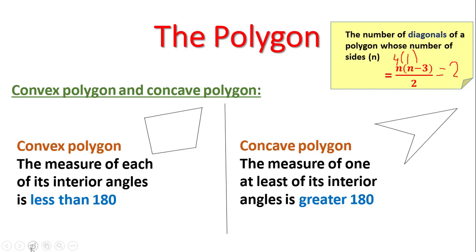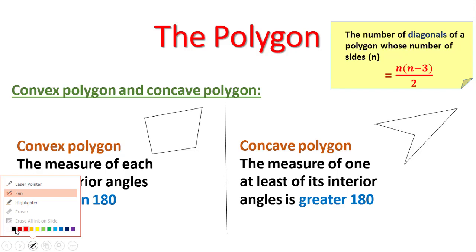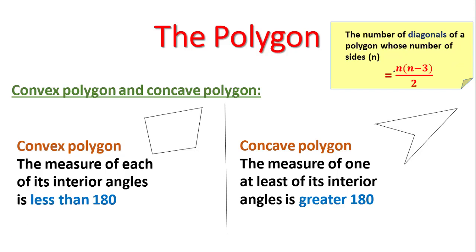For example, if I want to calculate the number of diagonals of another polygon, let's see, a hexagon. So n will be 6, times 6 minus 3, which is 3, over 2.